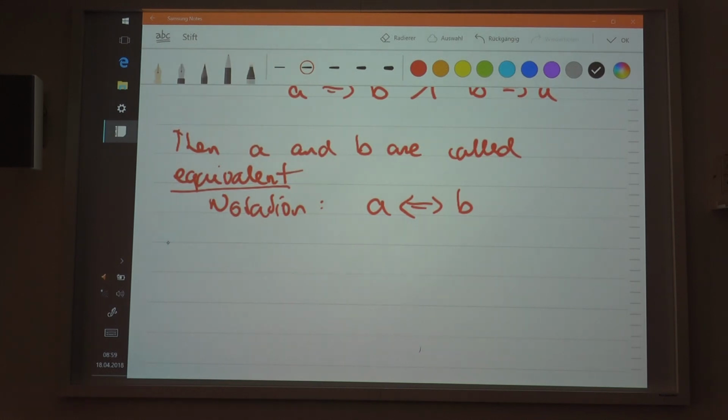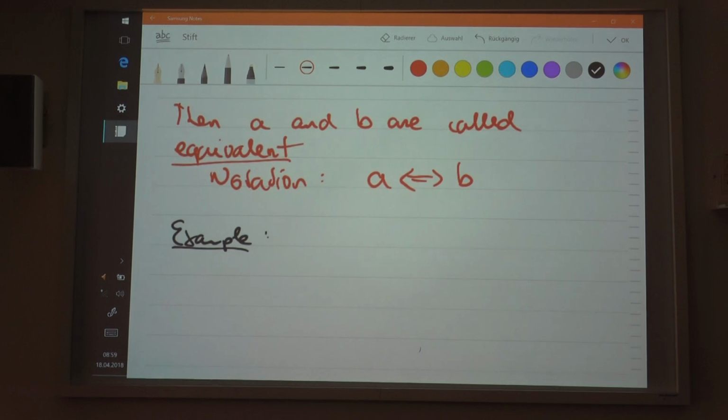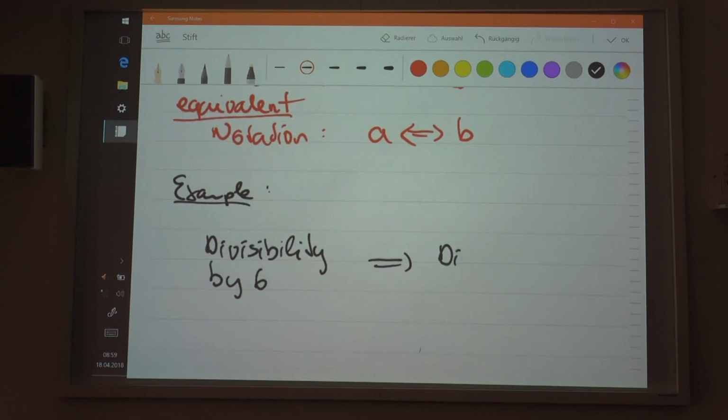Suppose that you have to prove this. Let me give you an example first. If a number is divisible by 6, then it's divisible by, let's construct an equivalent statement, divisibility by 6 implies divisibility by what?